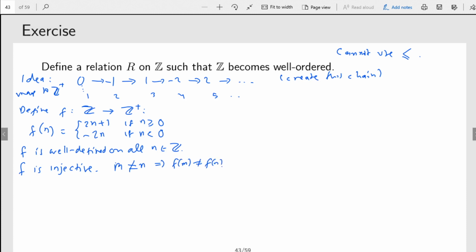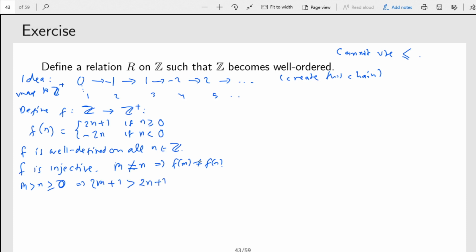So if m is not equal to n, say m and n are both greater than or equal to 0, then without loss of generality, 2m plus 1 will be bigger than 2n plus 1.